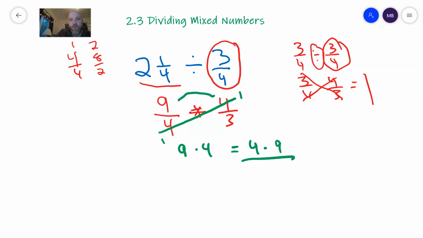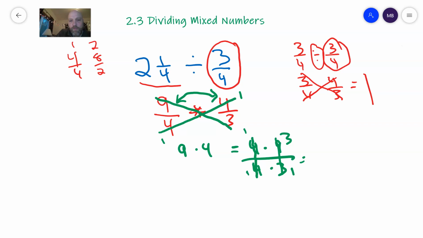So I'm just swapping these guys, and then not swapping these guys, 4 times 3. Well, now I've got some fractions. 4 divided by 4 is 1. And 9 divided by 3 is 1. So I'm doing that cross-canceling trick. I hope you can dig it.